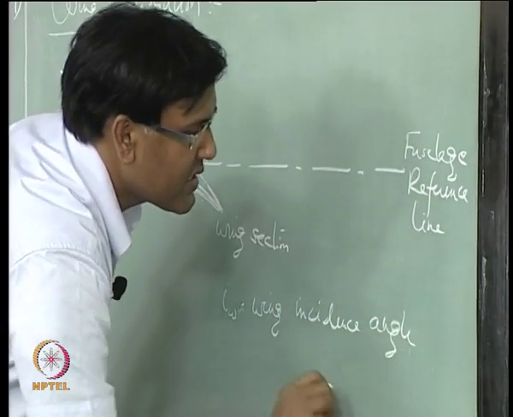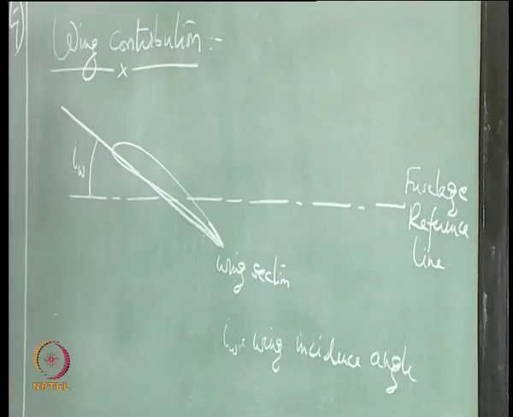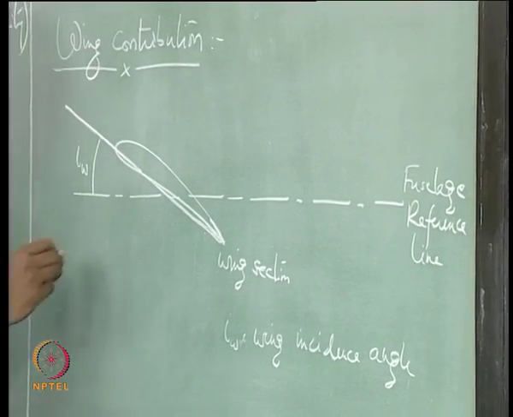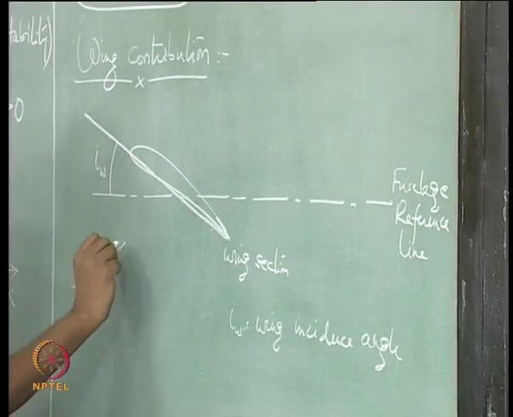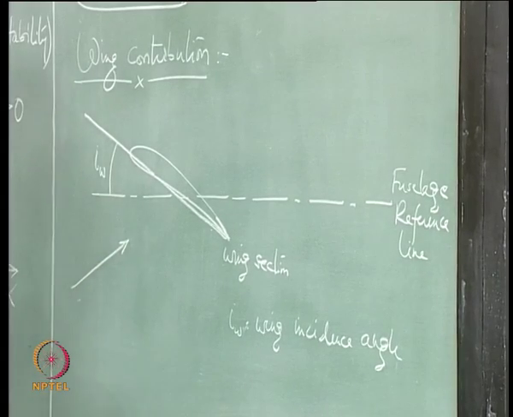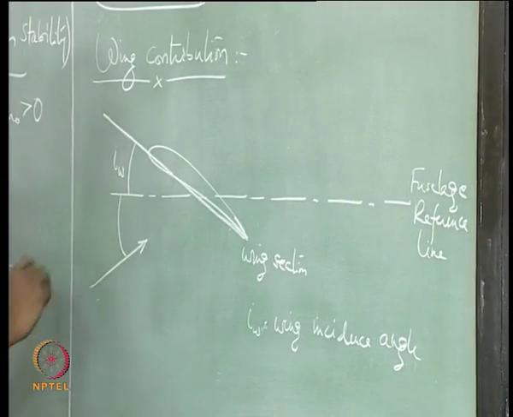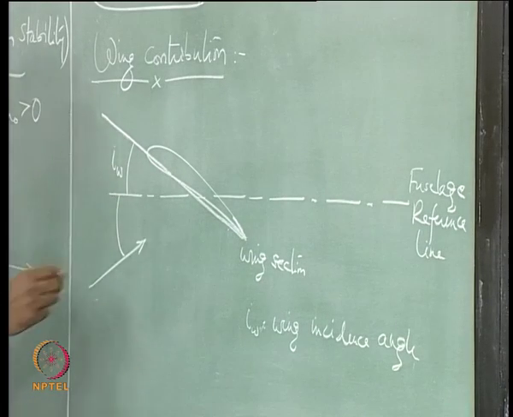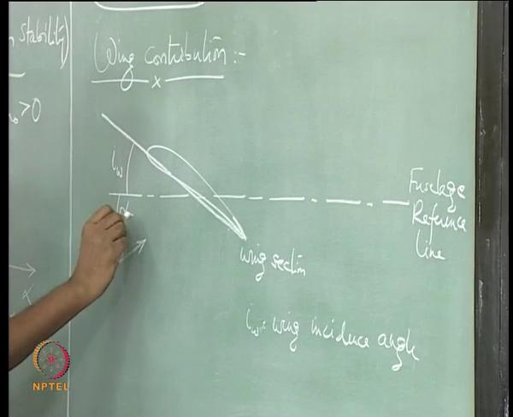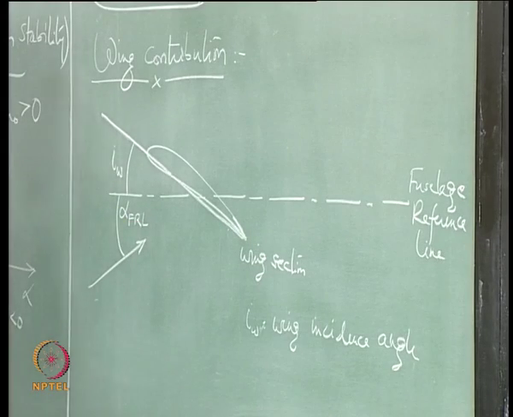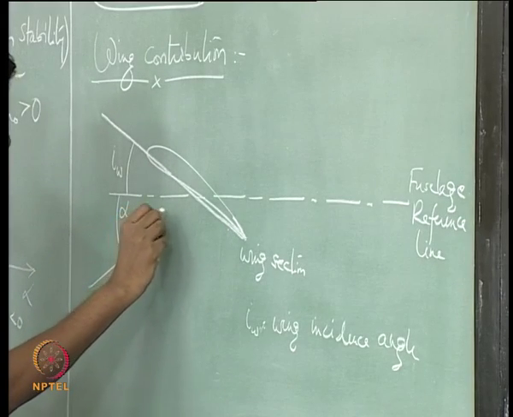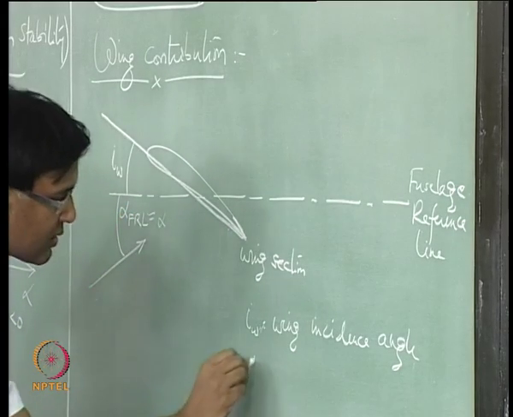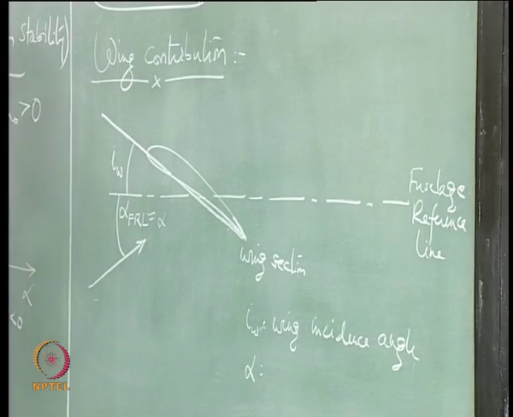All angles we are measuring with respect to the fuselage reference line for the aircraft. The angle of attack of the aircraft is with respect to this fuselage reference line, which we can call alpha FRL, or we can drop this FRL and simply write this as alpha, which is for the whole aircraft.